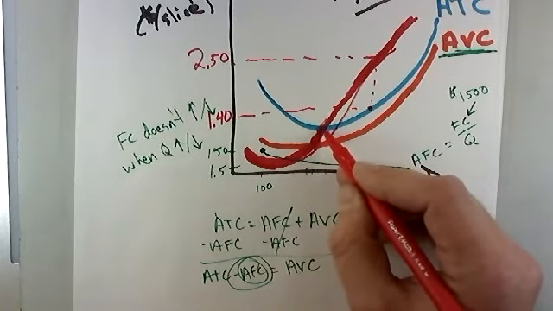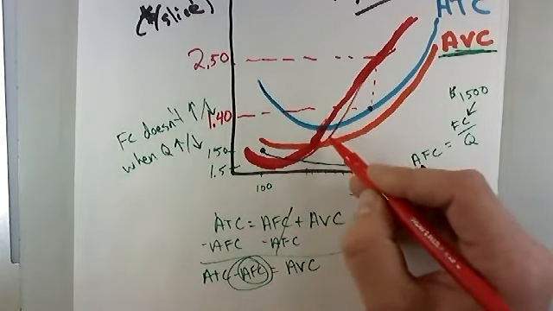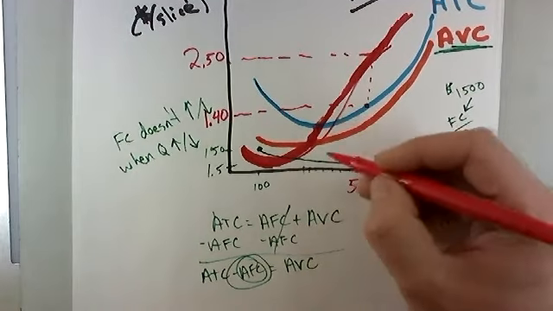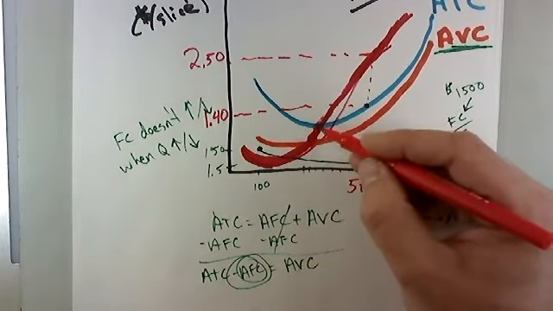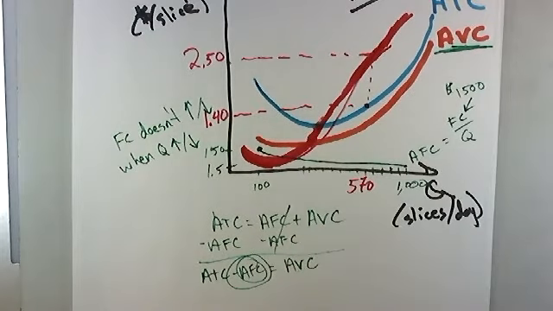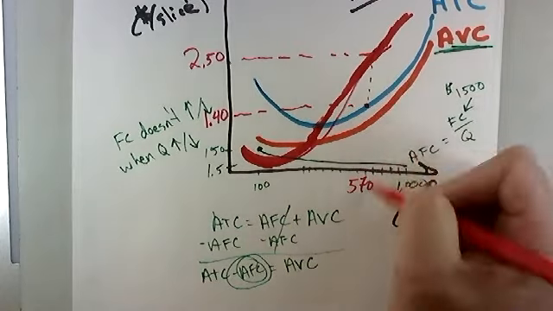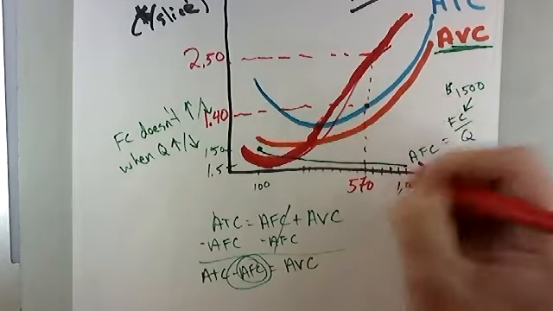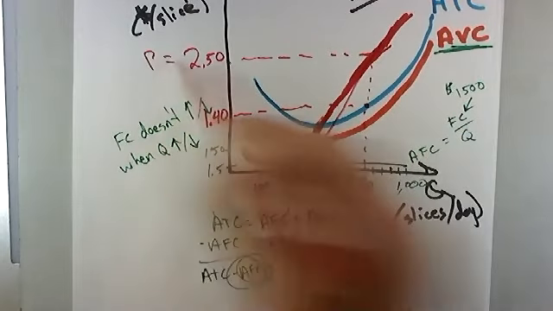We think the producer is going to sell the amount where the price equals the marginal cost. Oh, I'm on the wrong one, that doesn't make any sense. There we go. At 570 slices per day, that's what they're going to be producing, because the price is 250.